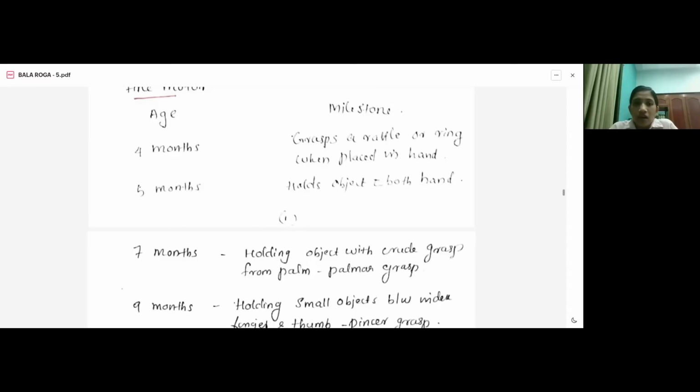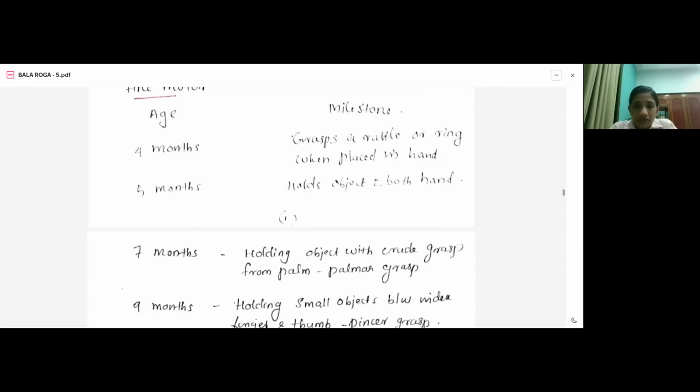It is achieved in the 4th month. In the 5th month, he holds the object with both hands. So when a toy is given to him, he holds it with both hands in the 5th month. In the 7th month, he holds the object with a crude grasp, that is, palmar grasp.